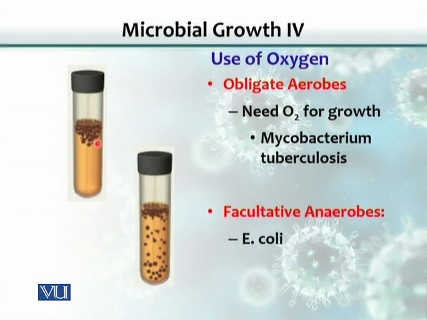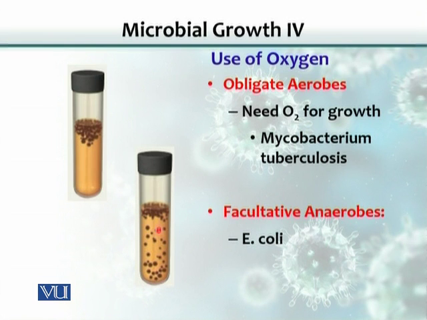You can very well appreciate that this is an obligate aerobe. On the other hand, here it's a facultative anaerobe. As you can see, the growth at the surface is more, because obviously oxygen is more here. So this one likes the presence of oxygen, so it grows more. But you can see clearly that the obligate aerobe is only present at the surface, while the growth of the facultative anaerobe is almost throughout the medium.